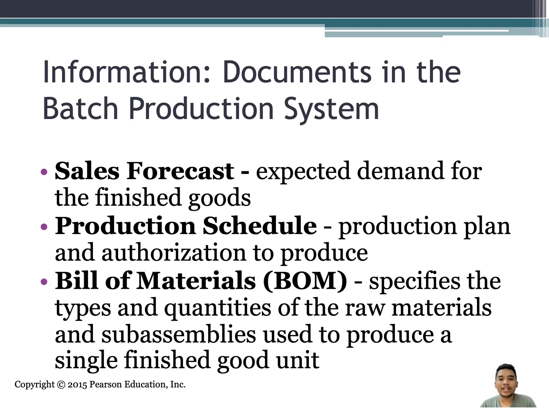Next is the bill of materials, or the BOM. It specifies the types and quantities of the raw materials and sub-assemblies used to produce a single finished good, a specific finished good unit. So it details one product or one batch of product.